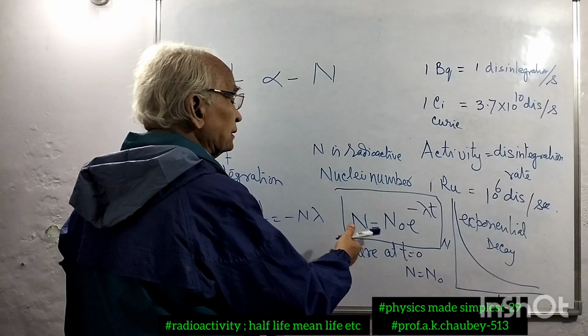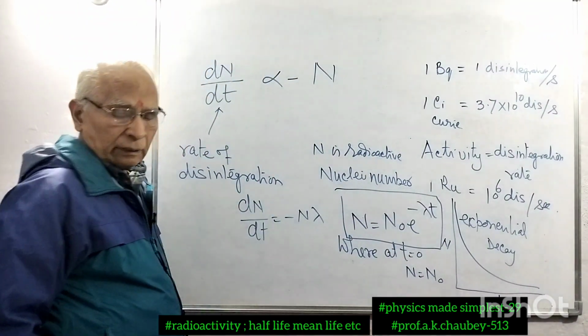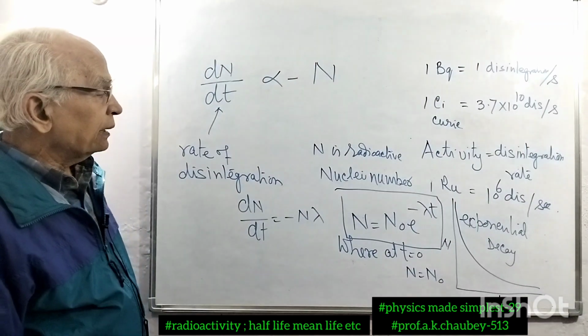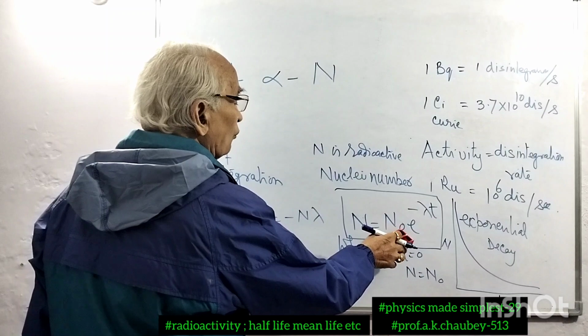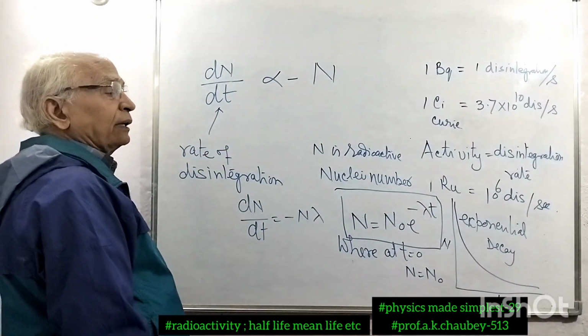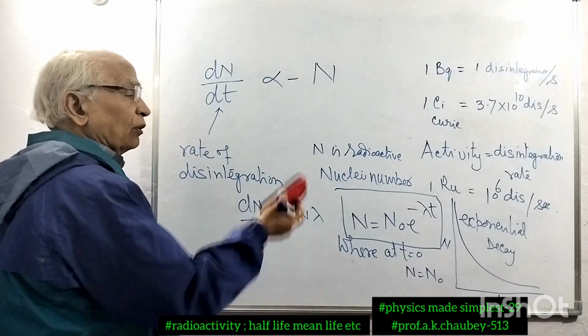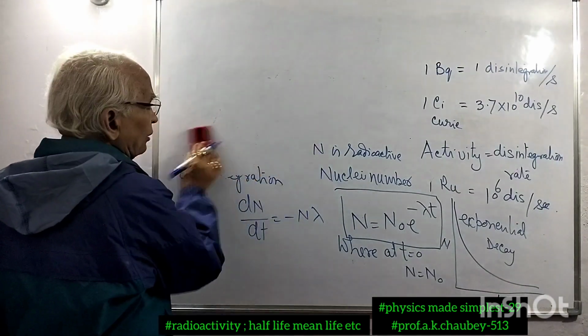This is called the law of decay, also natural decay. N changes with time by this equation, where N naught is the number of radioactive nuclei at the initial time, t equal to 0, and lambda is called the decay constant.